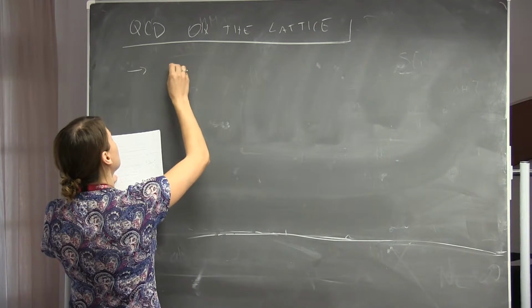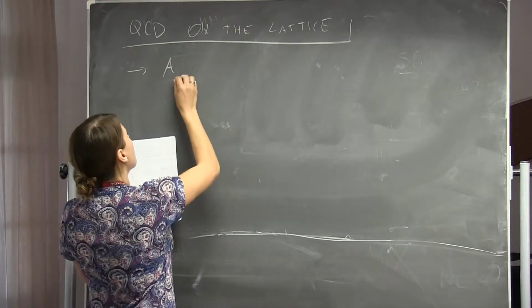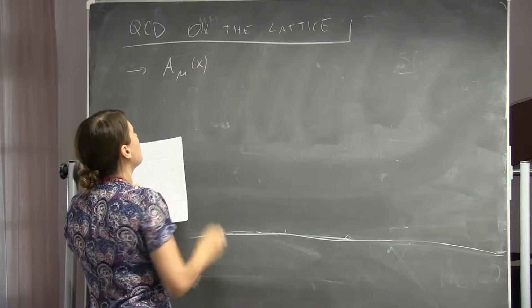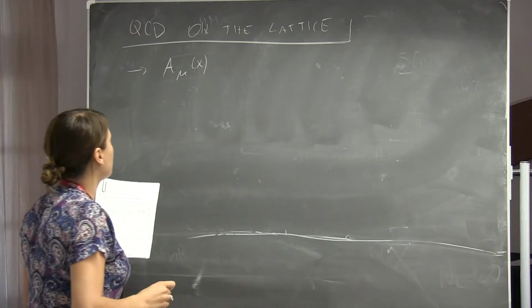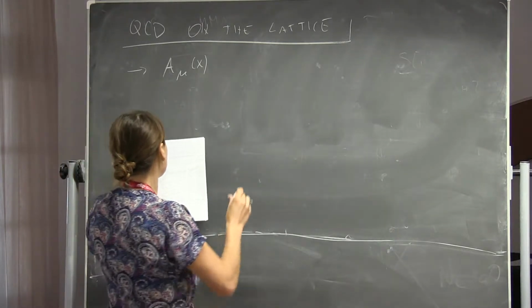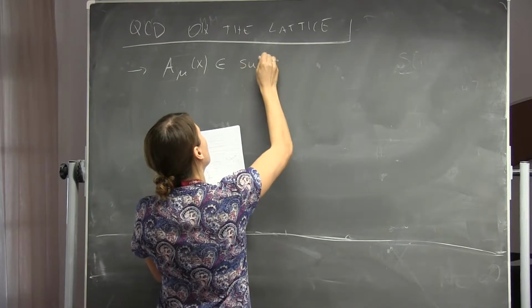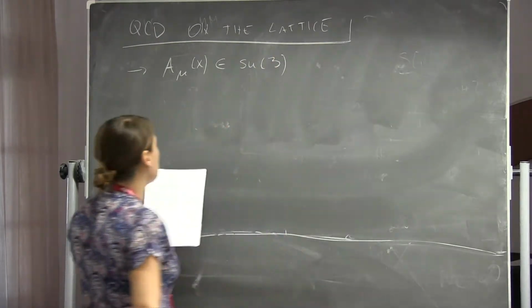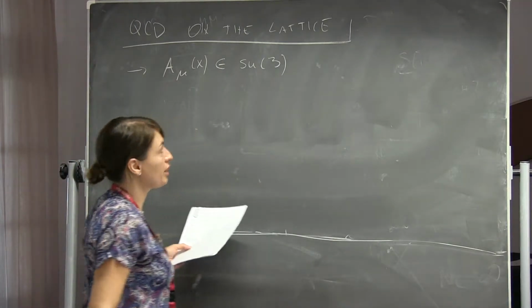So you know that in QCD we have gauge potentials, which we will denote as A mu of x, which are elements of the SU3 algebra, so the Lie algebra corresponding to the SU3 gauge group.